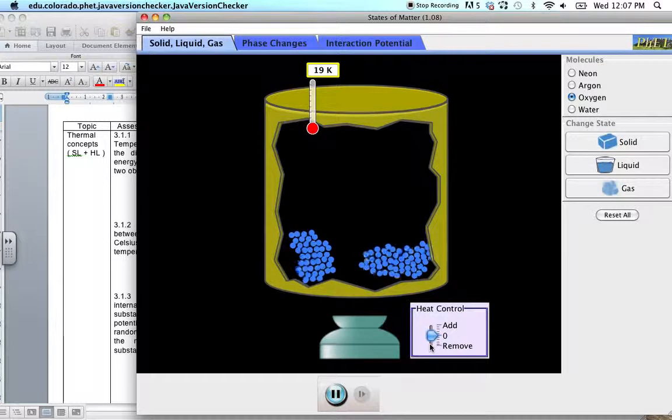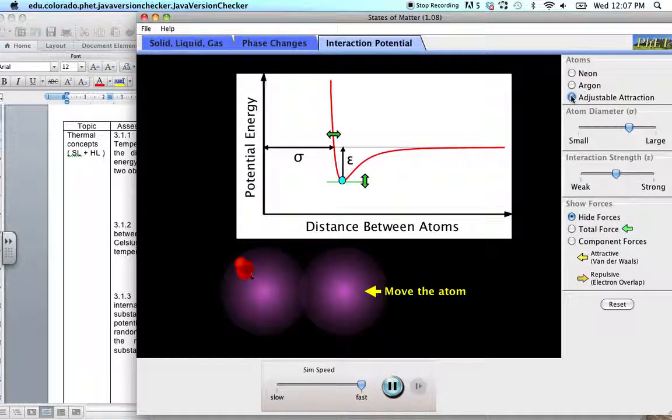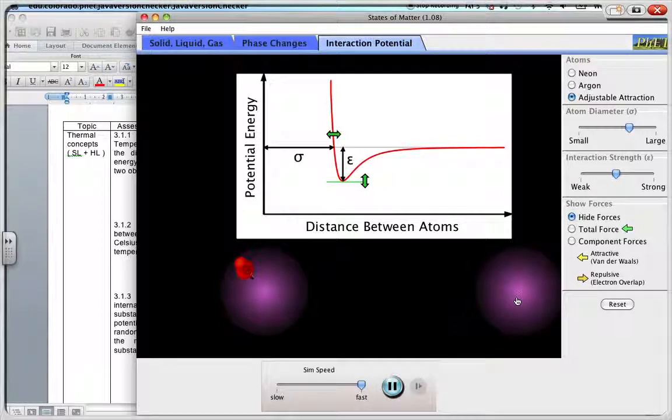Now that gives us an indication of the potential energy. It's the bonding energy. And to consider this a little bit more, I want to use this application over here. We'll use the adjustable attraction. Now this is looking at the bonding energy. And basically, when atoms are separated, now I'm pulling this apart completely, when they are separated apart, we are at this position over here, we take it that they are at zero.